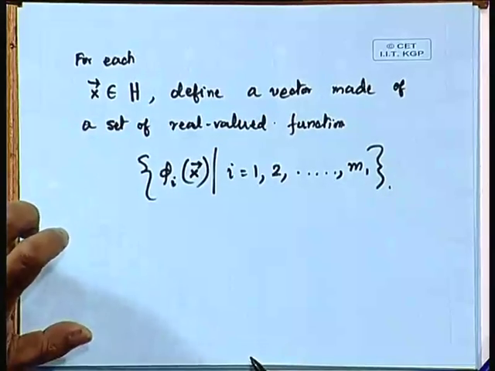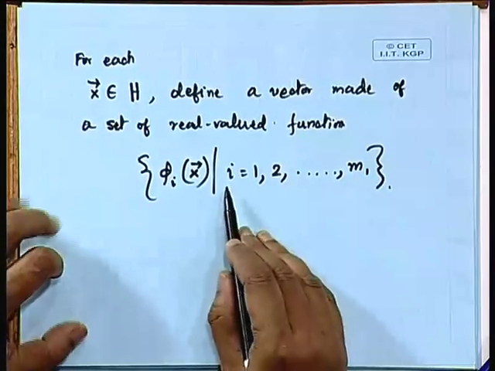So, that means to say what? That we have got m1 different real valued functions available, phi 1, phi 2, phi 3 up to phi m1. There are m1 real valued functions available with us as a set.